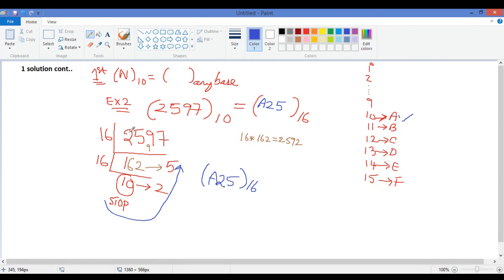You divide 2597 by 16, and you get 162. So 16 into 162 is 2592. So what is the remainder? You get 5. I think this is the maths you have done in school, how to find the remainder, LCM, GCD. So the same stuff.